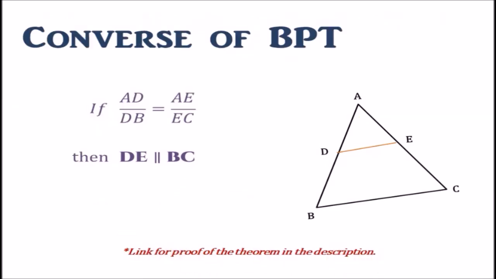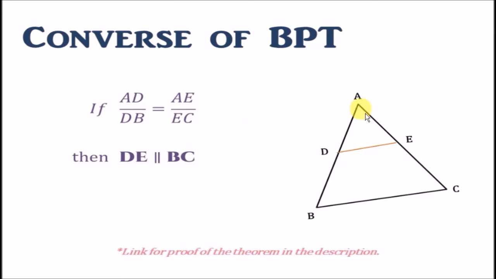Now, Converse of BPT, just the reverse of BPT. It states that if a line intersects the two sides of a triangle such that it divides the two sides in equal ratios, then the line dividing the two sides will be parallel with the third side.